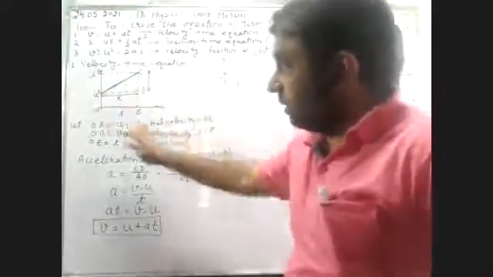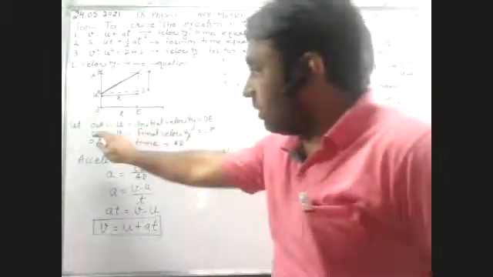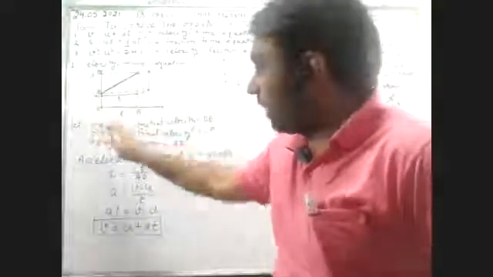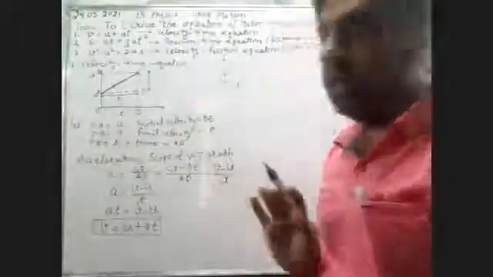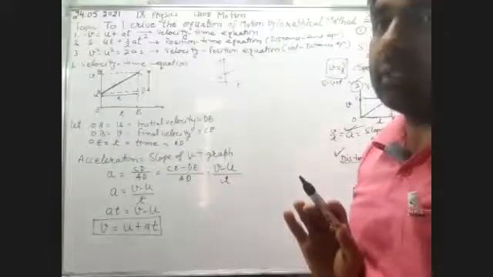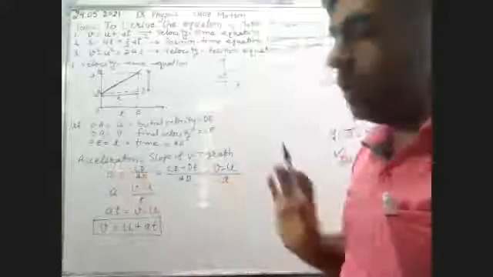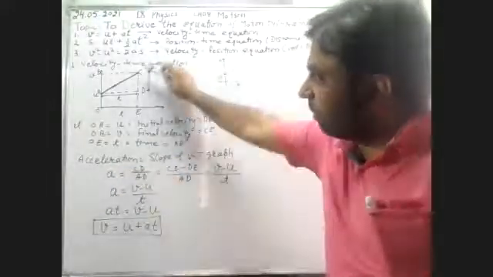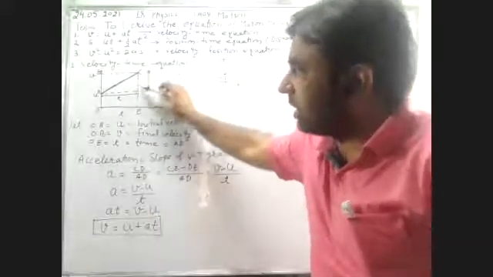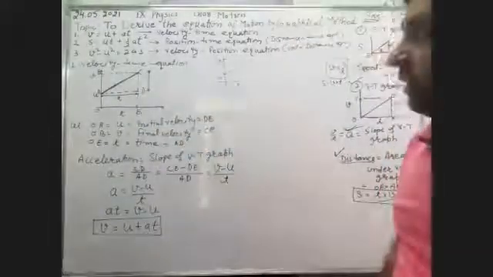Just put all the values. OA is equal to the initial velocity, OB is equal to the final velocity, OE is equal to the time taken. Okay, what is the acceleration? Slope of the VT graph is acceleration. So how will we calculate the slope? Perpendicular divided by base. CD is the perpendicular, base is AD.